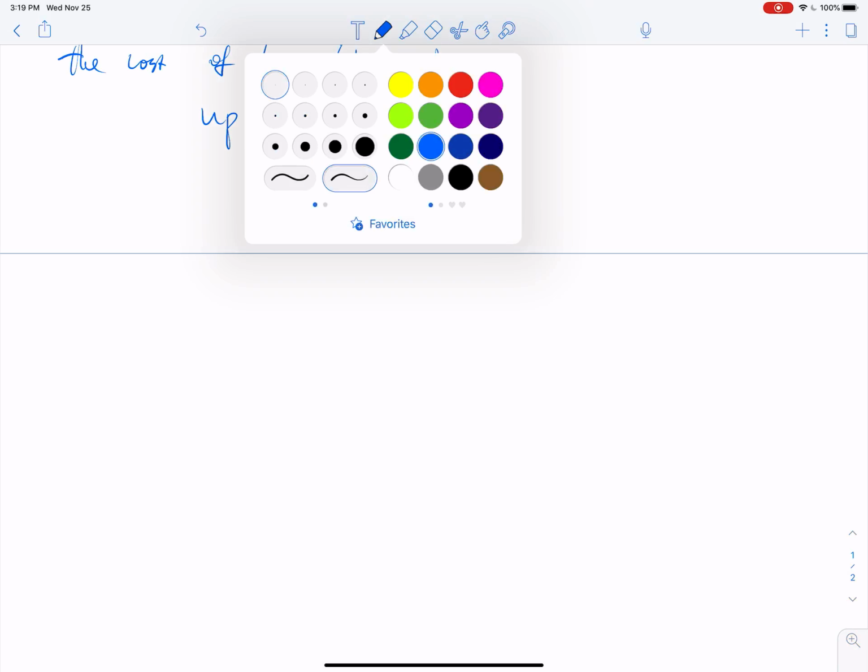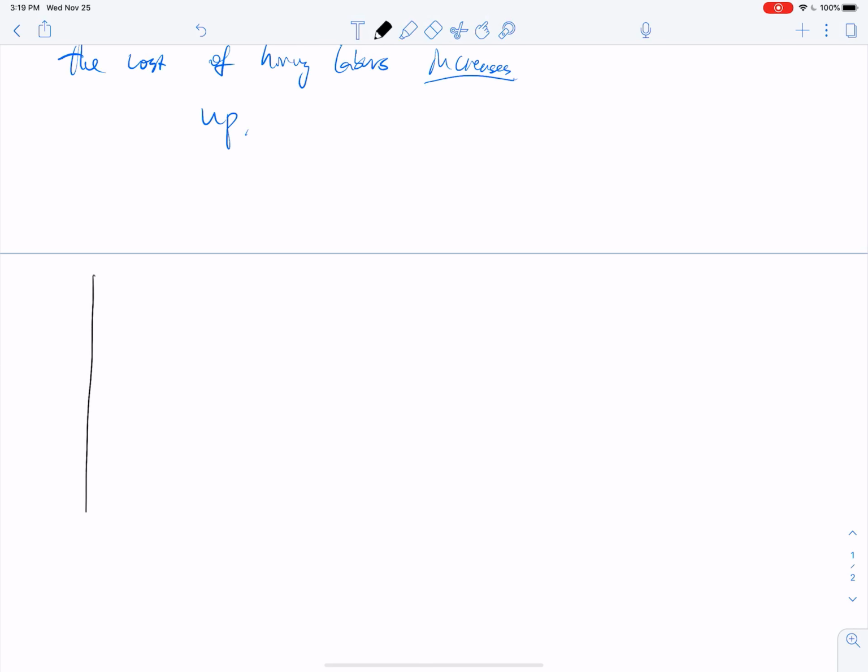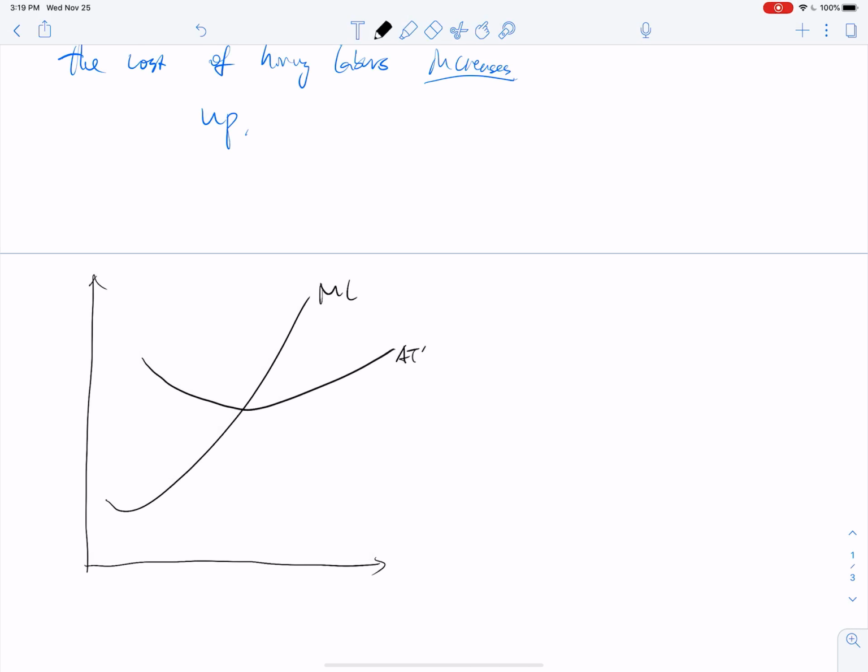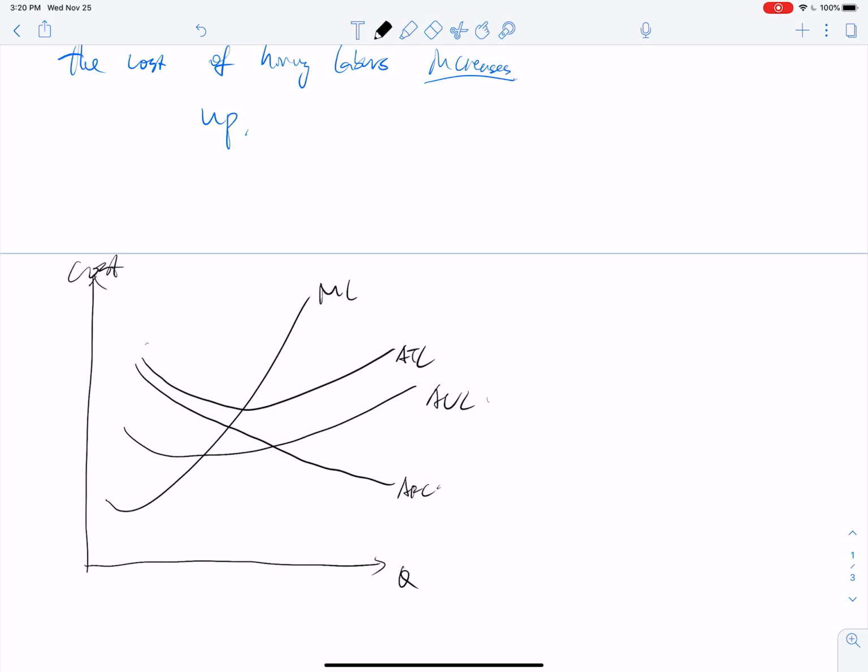So again, the first step is always to draw the original graph. So once we draw the original graph, and I have to label it, I have to decide which curve is affected.